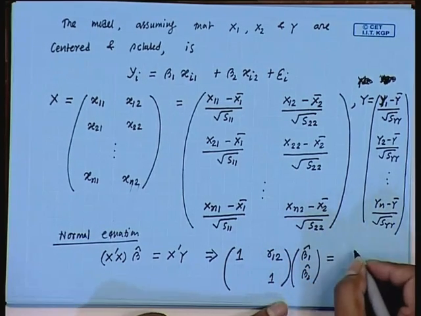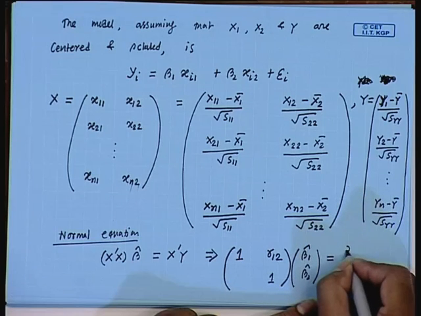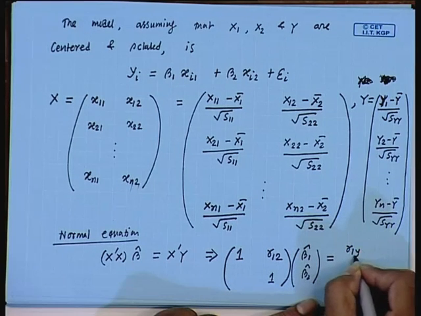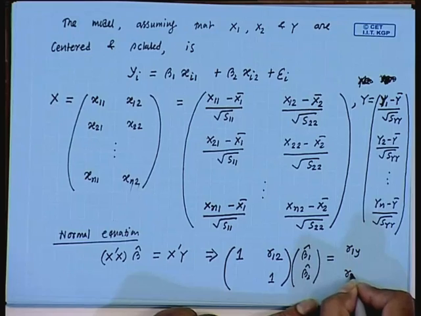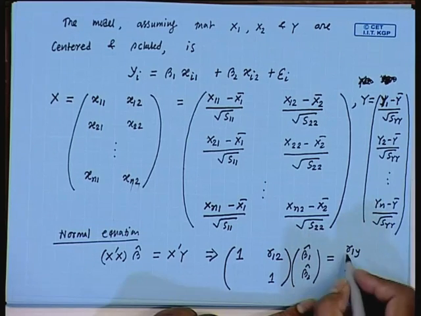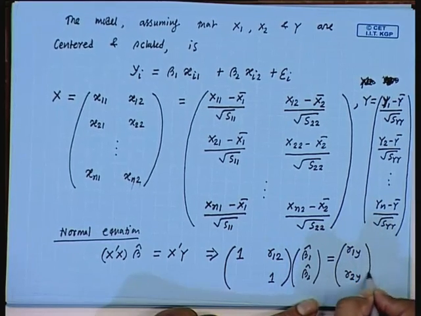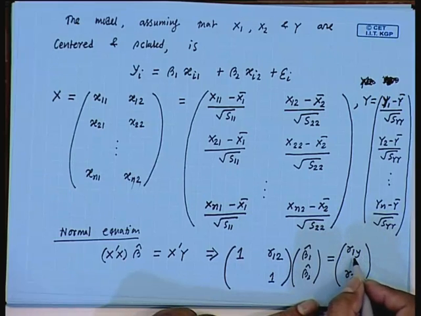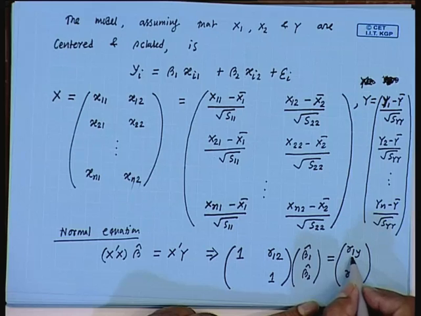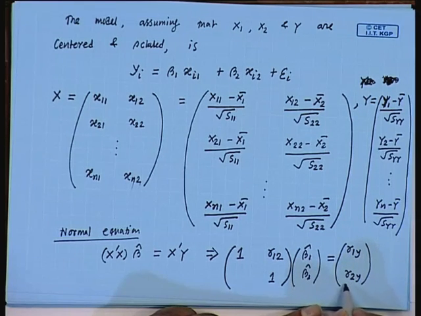which is equal to R1y, R2y. Well, this R1y is the sample correlation between x1 and the response variable y, and R2y is the sample correlation between the second regressor and the response variable y, right.